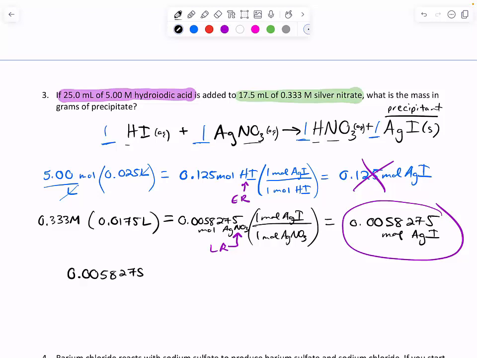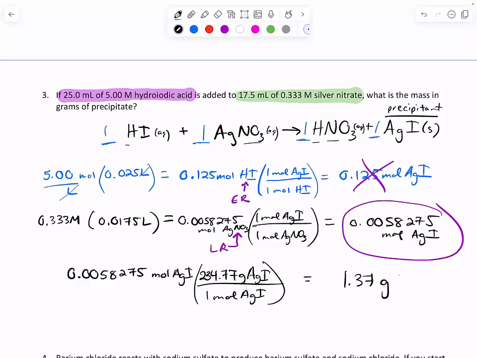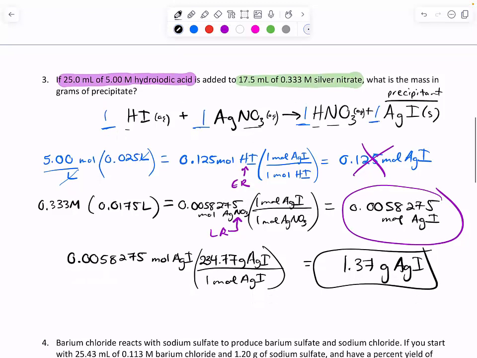I'm going from moles to grams, so I need to use the molar mass. In 1 mole of silver iodide, we have 234.77 grams of silver iodide, to give us 1.37 grams of silver iodide. And that is the total mass at the end of a reaction, maximally, that I could produce.